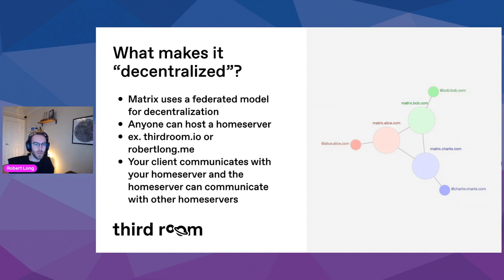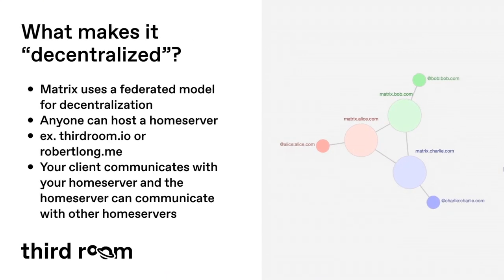So I can host a home server like Third Room IO or Robert Long with me, and those servers will then communicate with each other and share messages to build consensus, basically. So you communicate with your home server, your data gets stored on your home server, and then based on the privacy rules you've set up, it can share with other home servers.